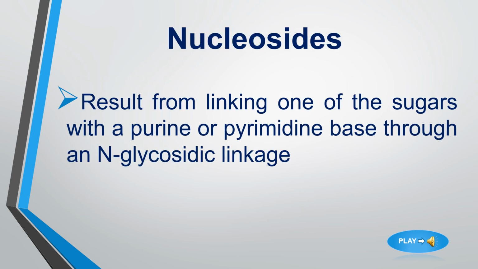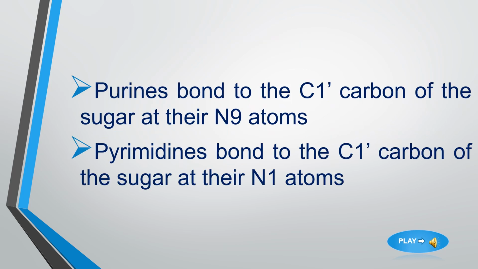The sugar, ribose or deoxyribose, is linked to the purine or pyrimidine base through an N-glycosidic linkage. In purine, the 9th nitrogen is bonded with the first carbon of the sugar.